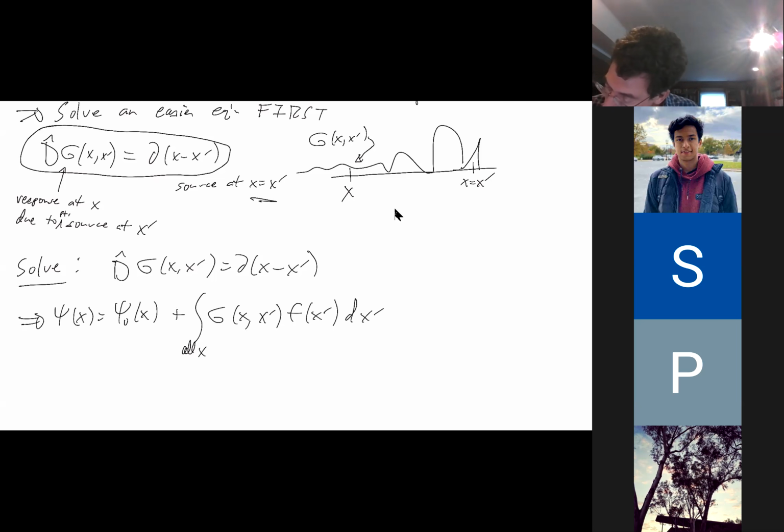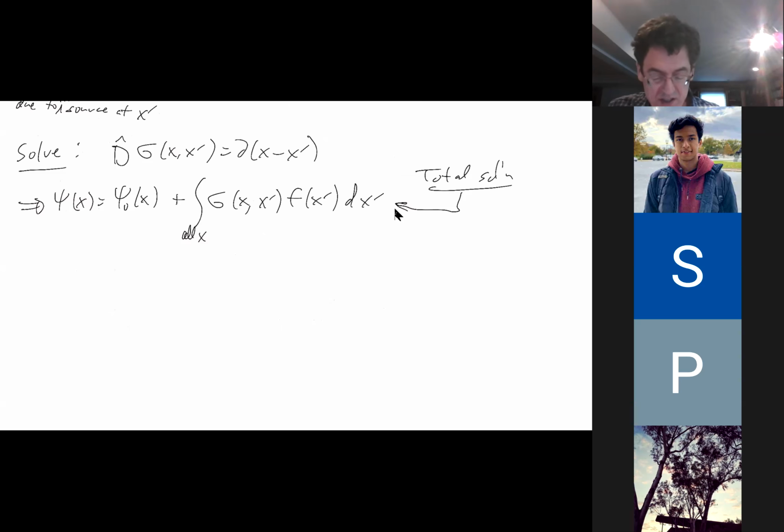So that is the total solution. And it's kind of like magic. It's really cute, and it's very simple to see. Where this is the homogeneous solution, which is typically pretty easy to get.